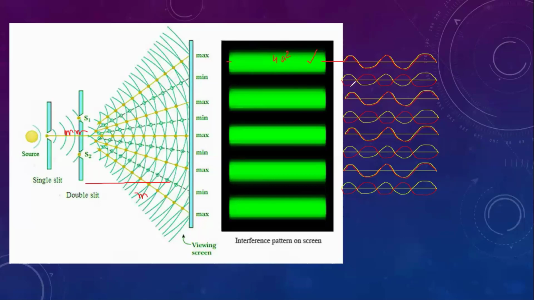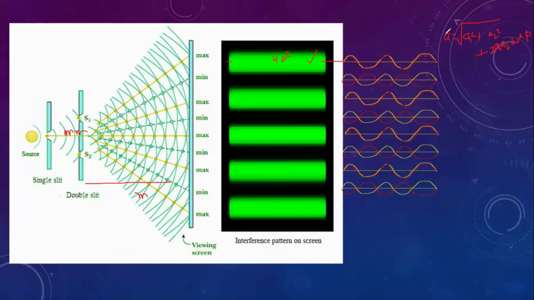Whenever these two are in opposite phase, according to the superposition principle, as you remember, the resultant amplitude A is equal to the square root of a1 square plus a2 square plus 2 a1 a2 cos phi.